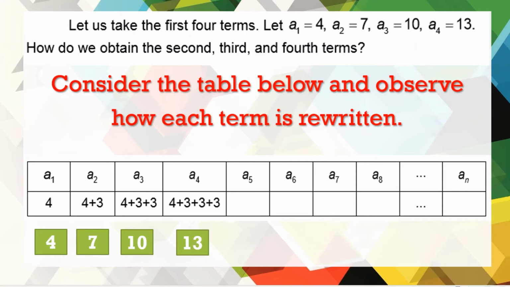Notice that the first term is not rewritten. 7 is expressed as 4 plus 3, 10 as 4 plus 3 plus 3, and 13 as 4 plus 3 plus 3 plus 3.